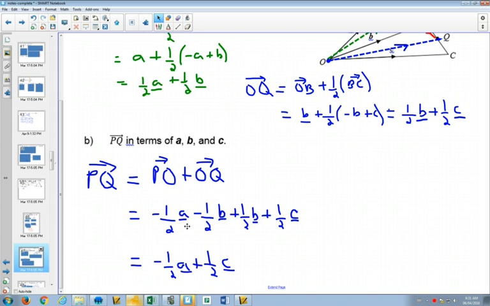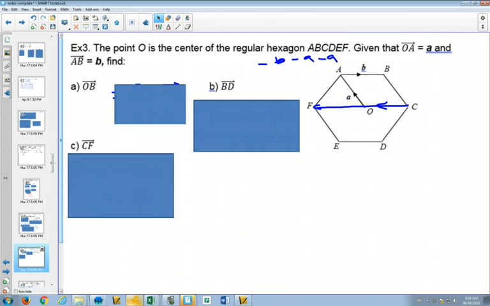I think we have time to do one more. So we have a regular hexagon.